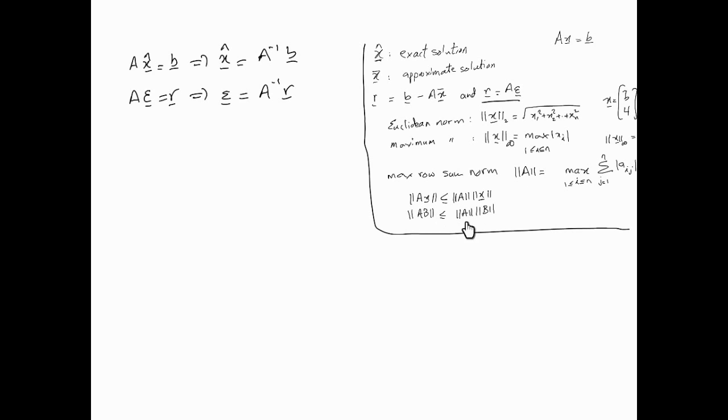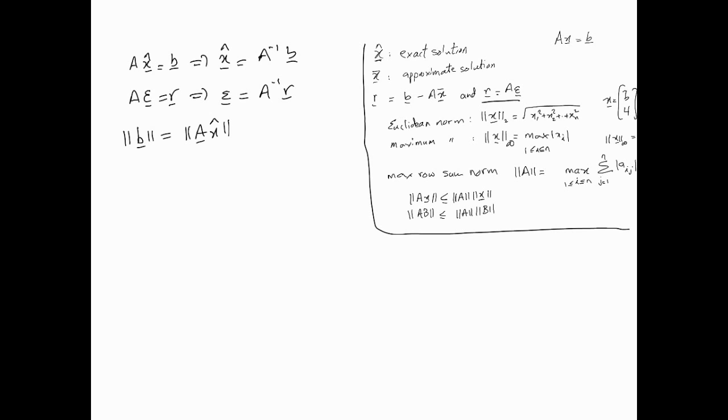Now, I'm going to use these norm properties and apply them to these four ideas that you see here. If you look at the first of these, for instance, clearly, if I say what is the norm of B, then that's equal to the norm of A x hat. Simple. Just take the norm of both sides.